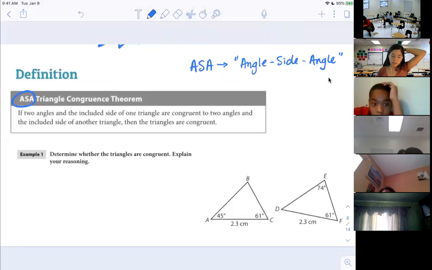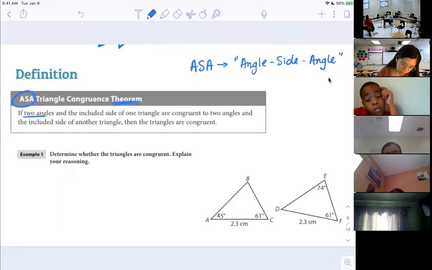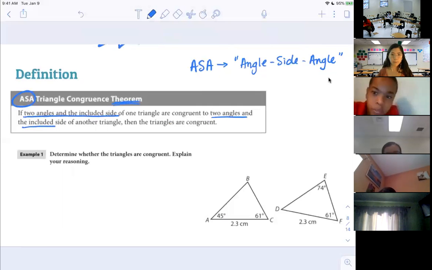ASA tells me there's a theorem, and remember, theorems are like rules. It tells me that if the two angles and the included side of one triangle is congruent to two angles and the included side of another triangle, then both triangles are congruent.